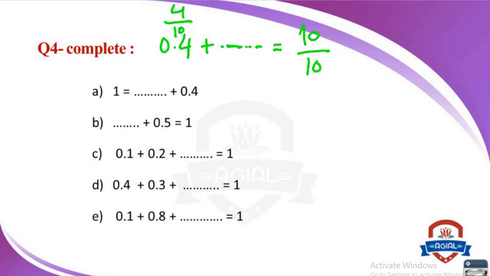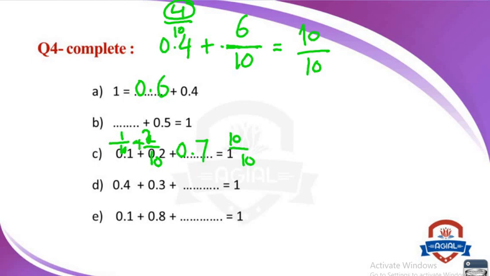So what's the remainder from 10 to be 4? It will be 6 over 10. 6 over 10 means 0.6. Another one, 0.1 means 1 over 10 plus 0.2 means 2 over 10. So what's the remainder to be 10 over 10? 1 plus 2 equals 3, so the answer will be 0.7.